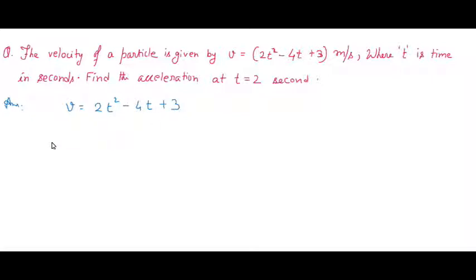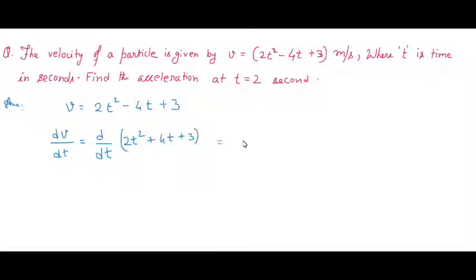We need to find the acceleration. So what we'll do, we'll differentiate with respect to time. We know if we differentiate velocity with time, with dt, then it gives acceleration. So differentiate this equation, d by dt of 2t square minus 4t plus 3.